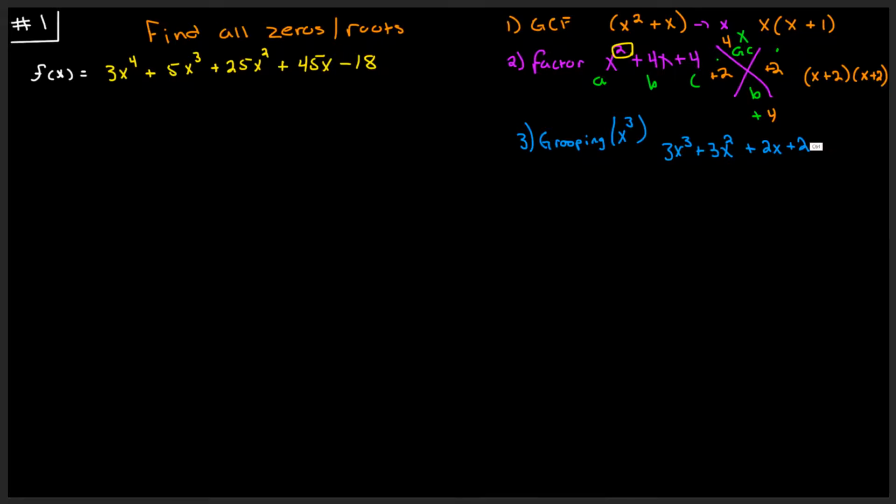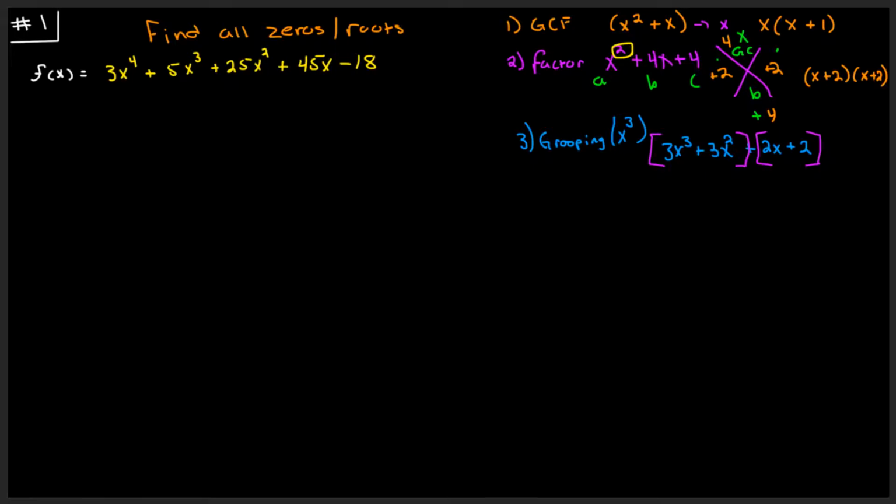Sorry, it took me a little bit there. The way grouping works is you put brackets around your two sets of terms, and then you find what you can break out of each of these boxes.